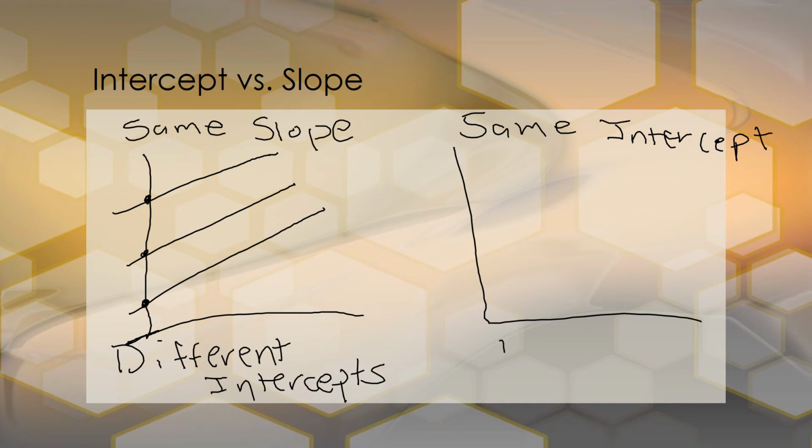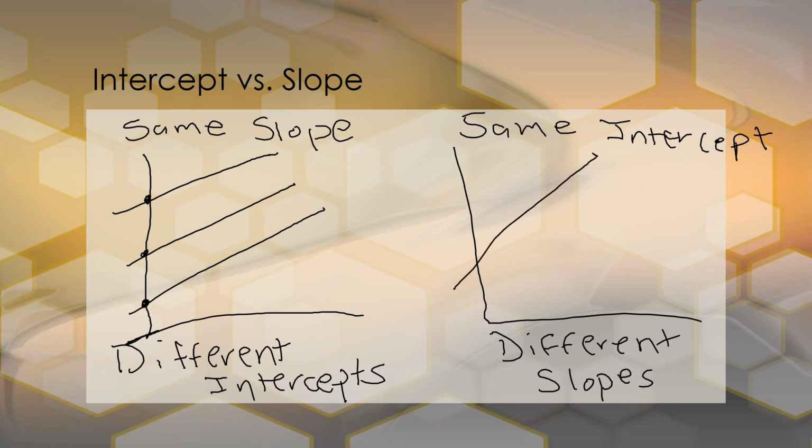But different slopes. Okay, so let's see. Here's a positive steep slope. Here's a slope of 0. There's really no relationship.